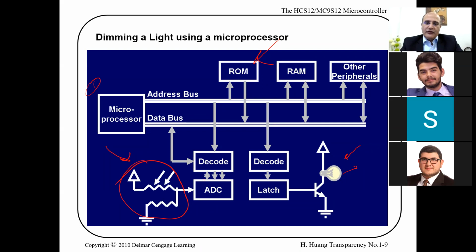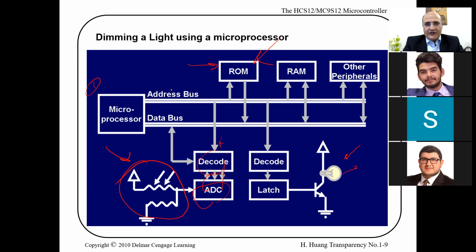So you need to go read the data from the data bus at this address, read by this external analog to digital converter. So you read the sensor instruction from the address.